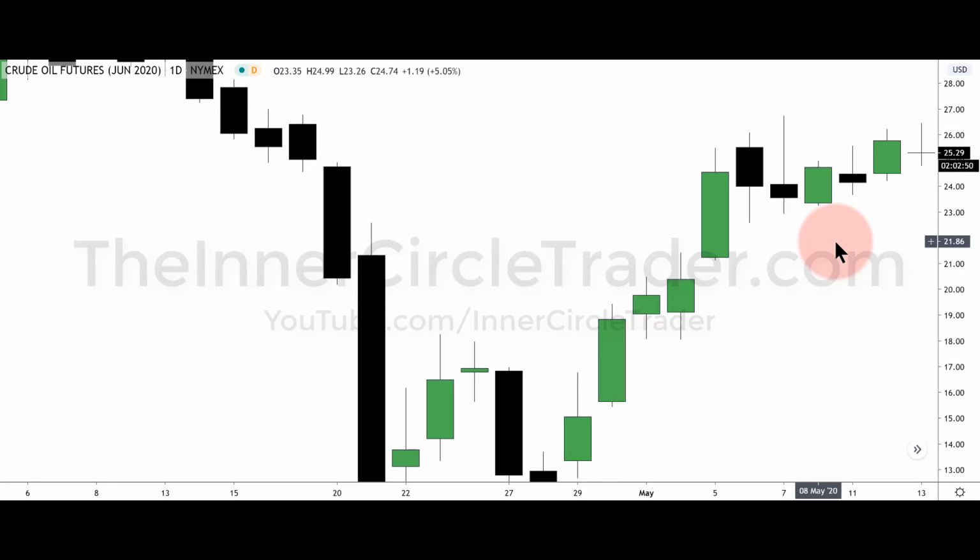There has to be an underlying narrative, and the narrative is everyone's bearish crude oil right now. So any retail idea that would paint the sentiment as bearish, they're just going to move on that.